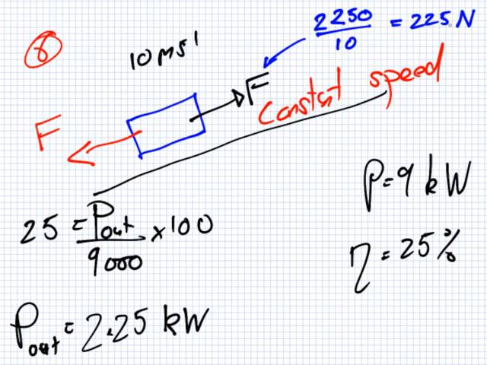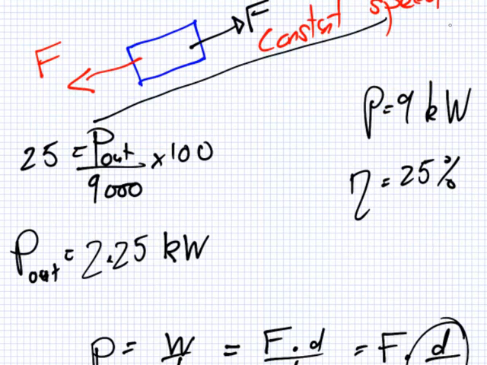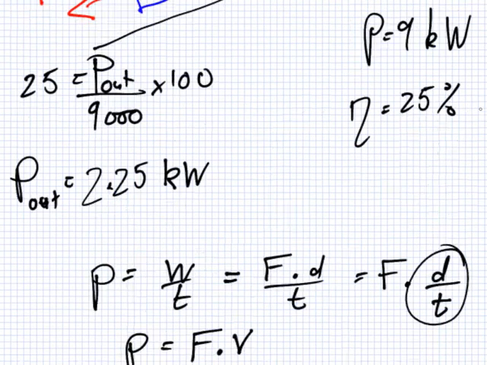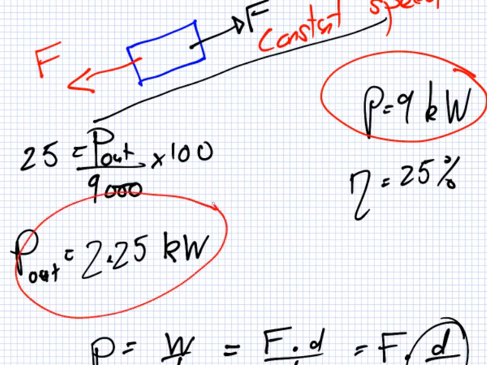Okay. So the last part is how much was wasted during the 10 seconds of motion. So look, this is what the engine makes, but this is what the engine does. So how much is wasted? It would be 9 minus 2.25. So that's 6.75 kilowatts.